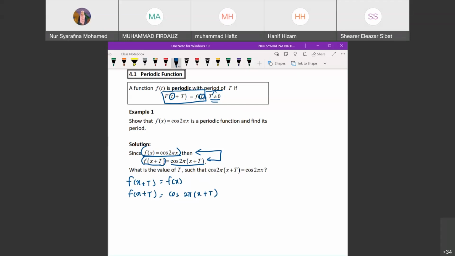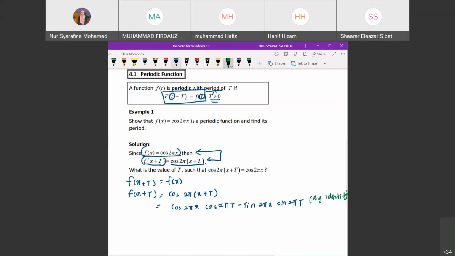Now we want to simplify it so that it can be cos 2πx. By identity, it can be expanded to cos 2πx cos 2πT minus sin 2πx sin 2πT.